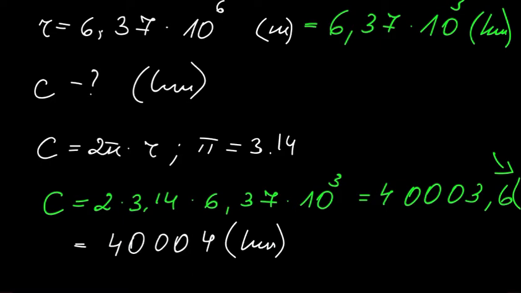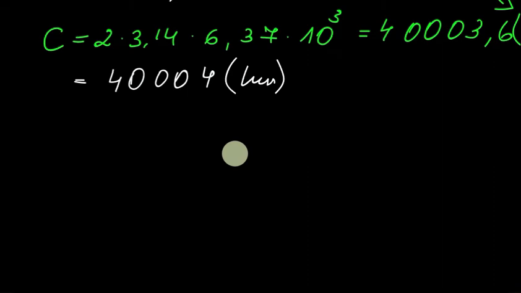Now, let's say you are also asked to find its surface area in square kilometers. As you can see, our radius is expressed in kilometers, so it's very convenient for us. Now, all we need to do is to find an area. A formula for an area, if we consider the Earth a perfect sphere, is 4 times pi times r square.